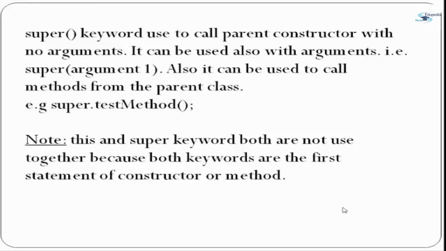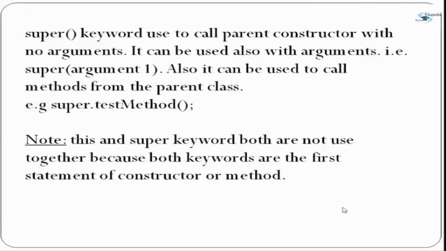So if there are two classes and you are creating an object of the derived class, then the constructor of the super class will automatically get called. So you can say implicitly super is written in your code, although you don't write it yourself. That's why you cannot have super and this both, because super is the first call.